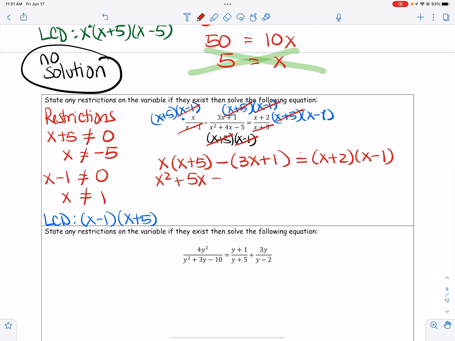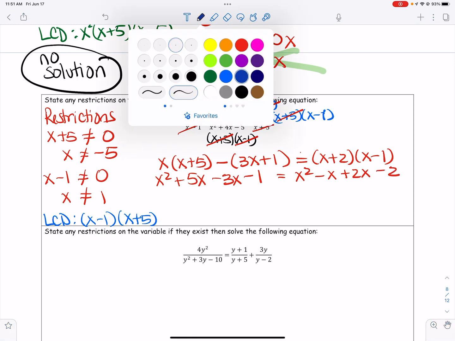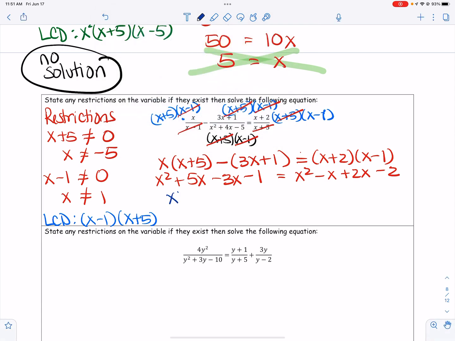Distribute. Make sure you distribute that negative sign. FOIL, x squared. We get negative x, positive 2x, and negative 2. Collect our like terms. X squared plus 2x minus 1 is equal to x squared plus x minus 2. And so the x squareds are going to cancel because I've got x squared on each side.